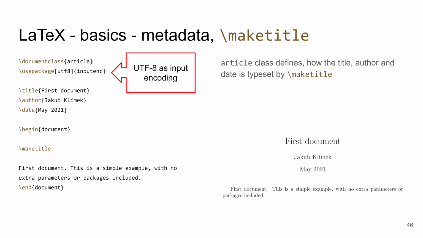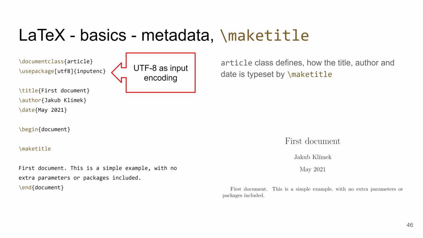Now, if you want to write out the metadata, then your document class actually says how to do that, and all you need to do is place the maketitle command in the appropriate place in your document, for instance at the beginning.